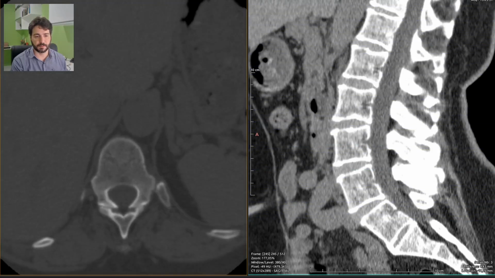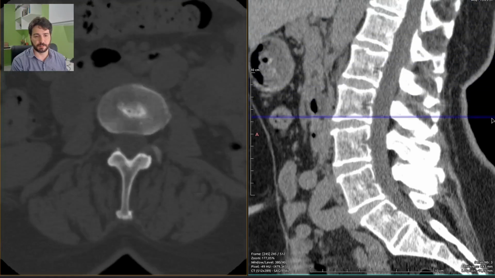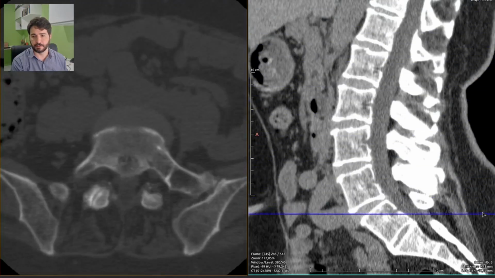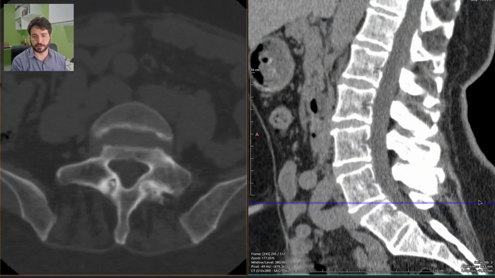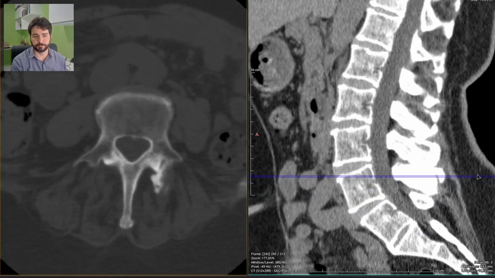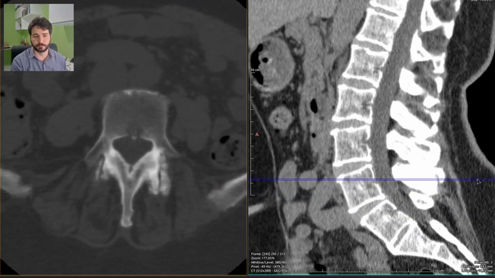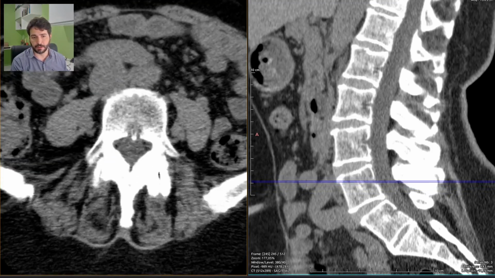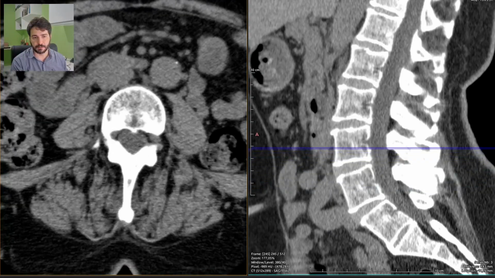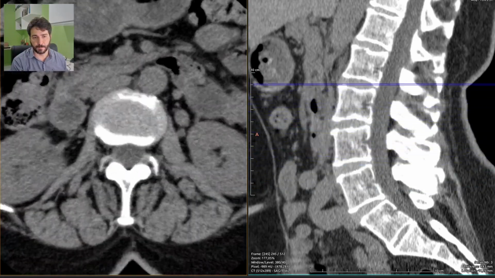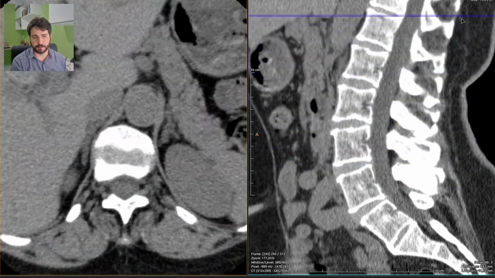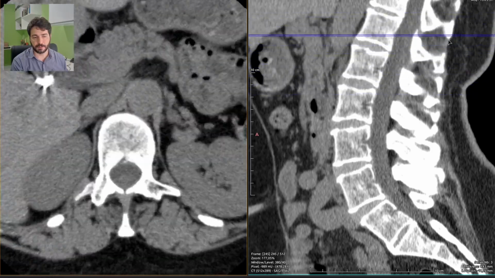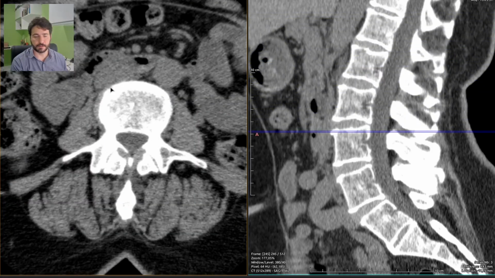So these are bad joints. Yep. Thickening of yellow ligaments. And this is it. Facet joint arthrosis and osteophytes.